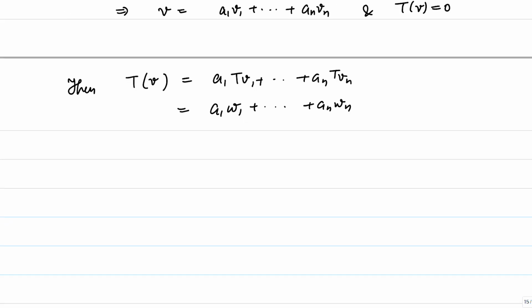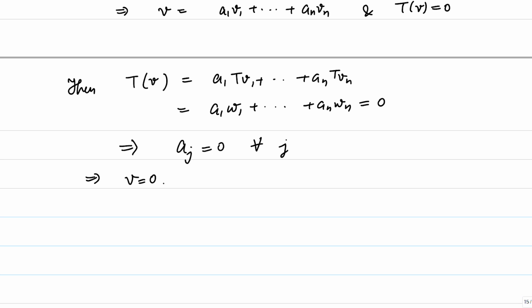And what do we know now? This is equal to 0. And we had started off with w1, w2 up to wn, which are basis elements of R of T, and therefore they're linearly independent. So I'm not writing any of these things down. I'm just writing that aj is equal to 0 for all j, which implies v is equal to 0.